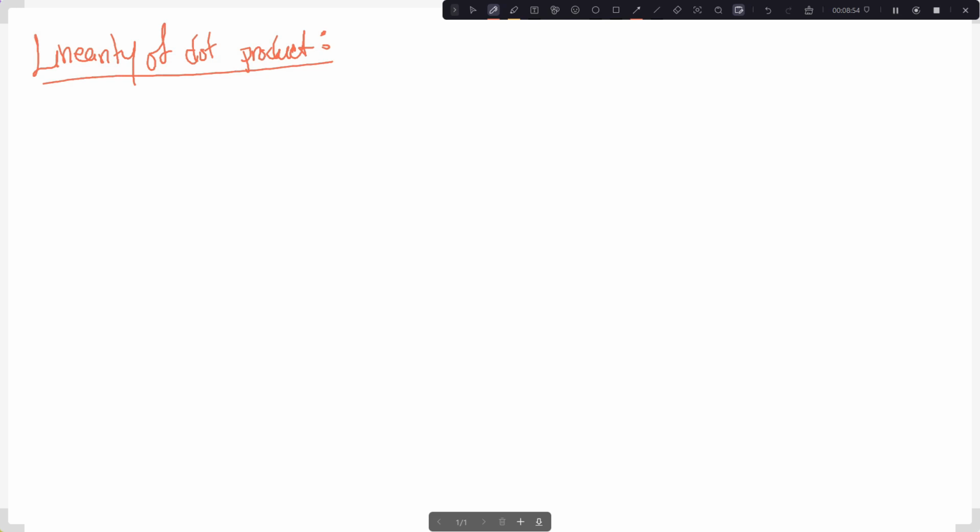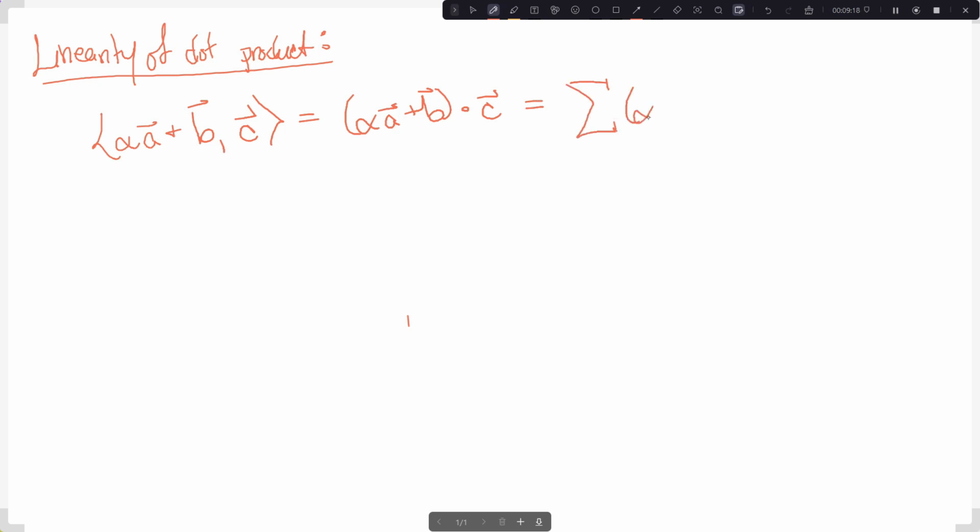Linearity is not too bad. If I take alpha a plus b comma c, when it's the dot product, this is alpha a plus b dot product c, which is defined by alpha aj plus bj cj, it's the sum of j from 1 to n.